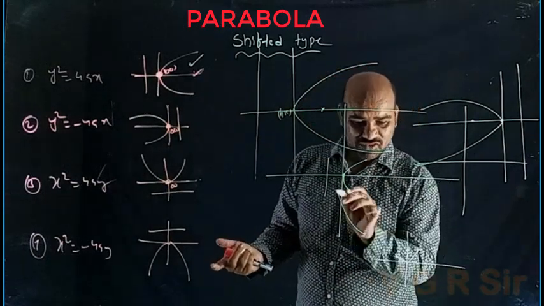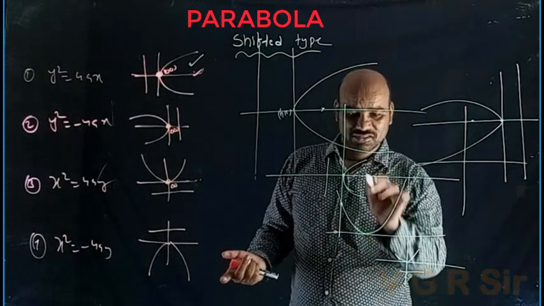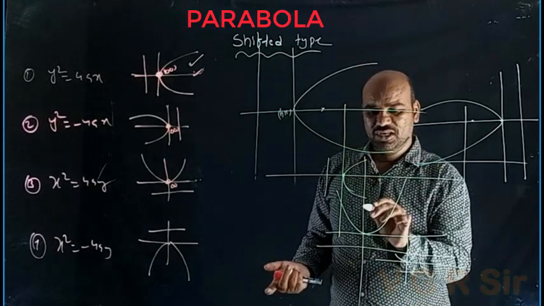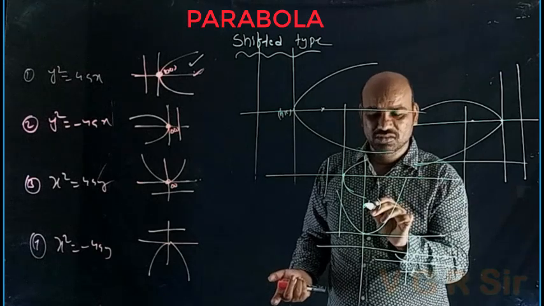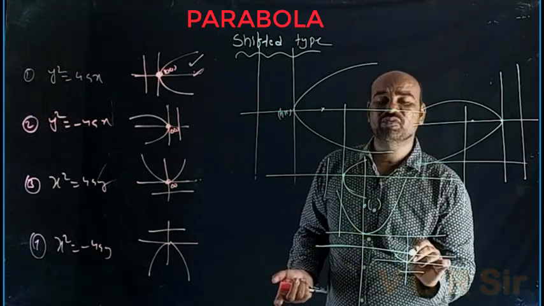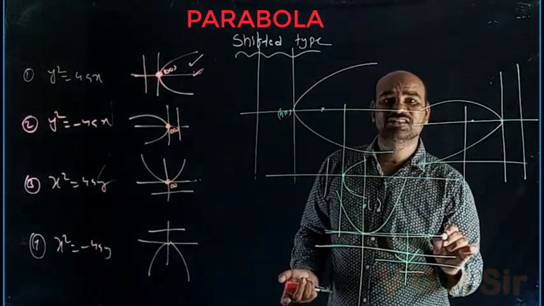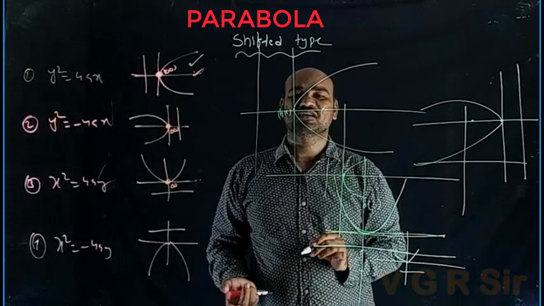So this becomes the parabola. We need to find the coordinates of the focus, the transformed equation of the directrix, the transformed equation of the tangent, and the transformed equation of the parabola.